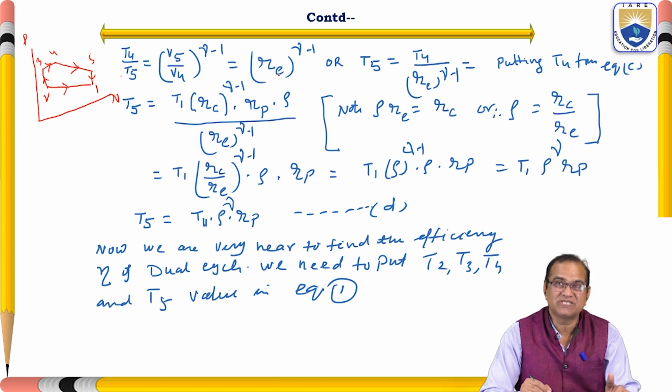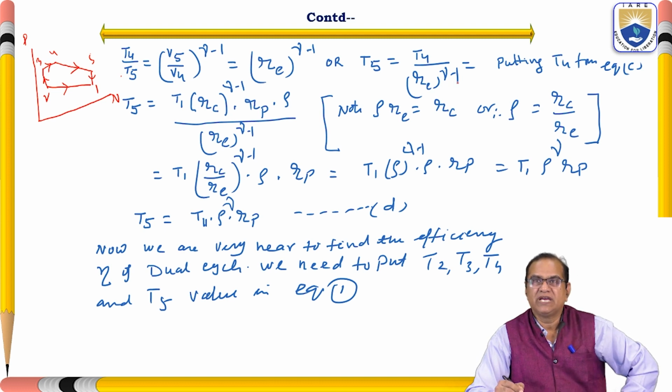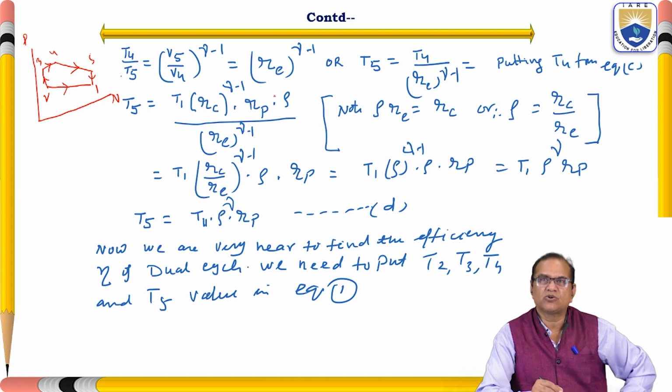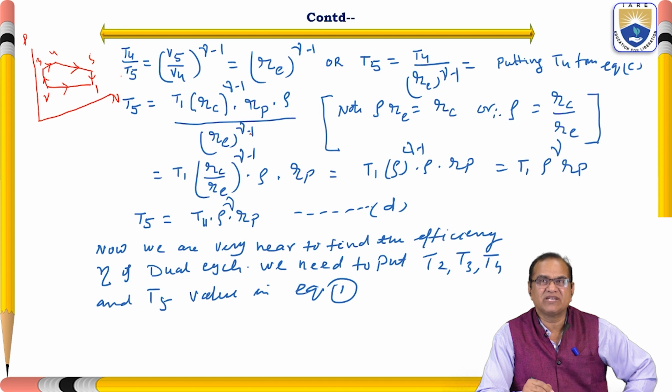E stands for expansion ratio. So T4 by T5 is equal to RE to the power gamma minus 1, or we can write T5 is equal to T4 divided by RE to the power gamma minus 1. T4 is equal to T1 RC to the power gamma minus 1 into RP into rho, as we have seen in our previous discussion.